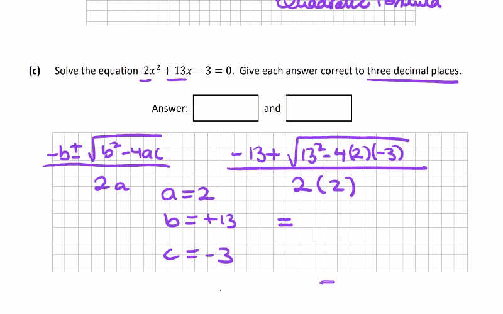Press equals, and then you write it out again with a minus, or you can just write plus and minus here and write the two answers. What they're giving me is 0.223 and minus 6.723 is the negative solution. So x is equal to these two numbers.